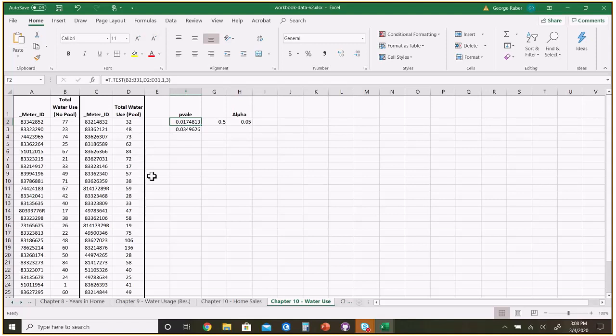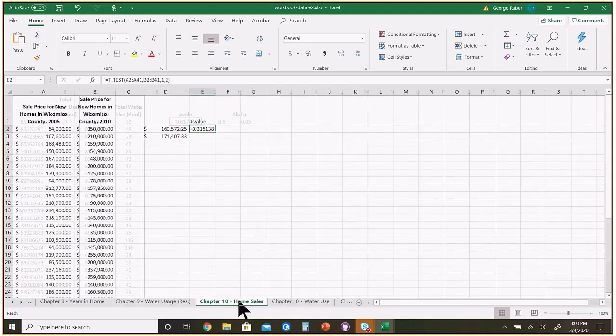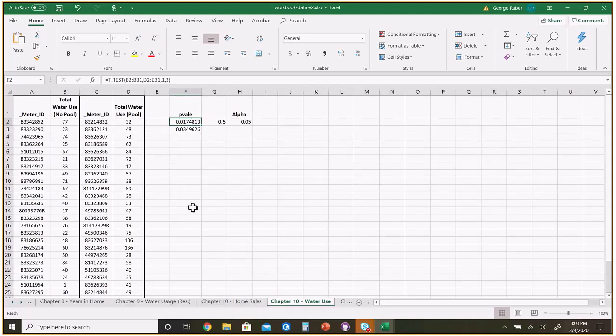Okay. So earlier when you used in the example before, it says they belong to the same population. Yeah. In this case, they belong to two different populations. Right. So people with pools are different in terms of their water use than people without pools. Yeah.